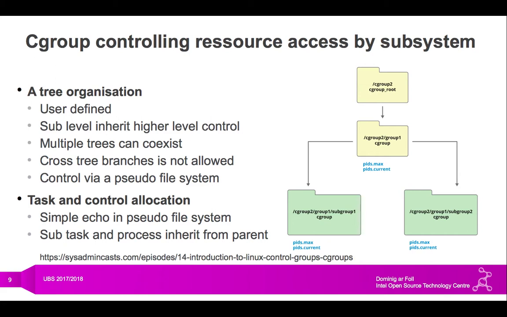Now, Cgroup only allows directories. You're not allowed to have a branch belonging to two trees at the same time. That's one restriction which is put on Cgroup. So each time you put a restriction on a high level, it will automatically be cascaded down to all the other levels.